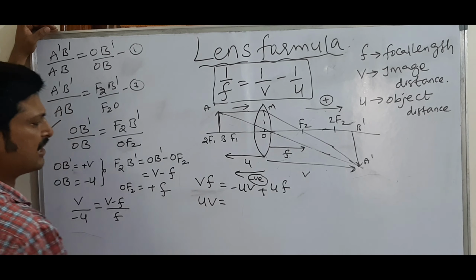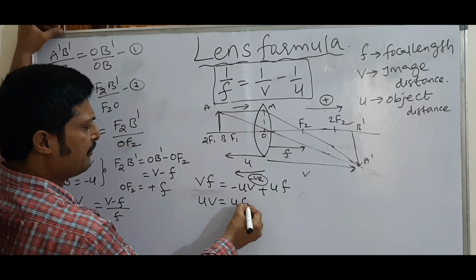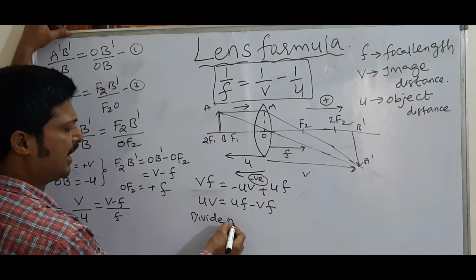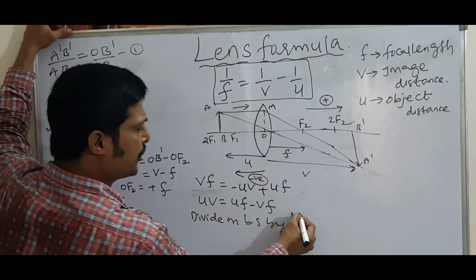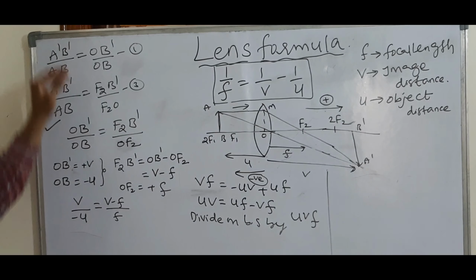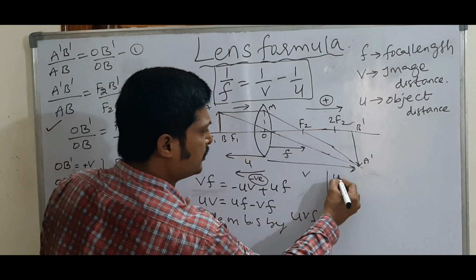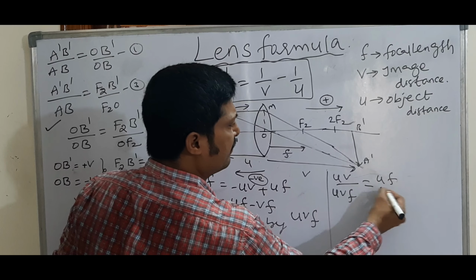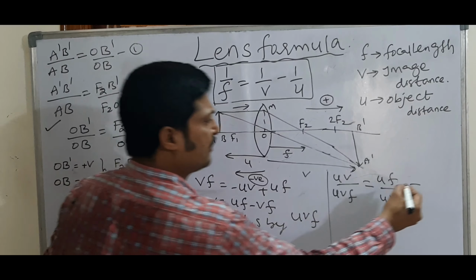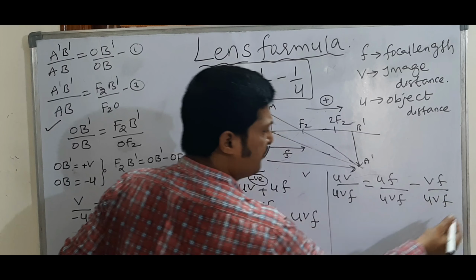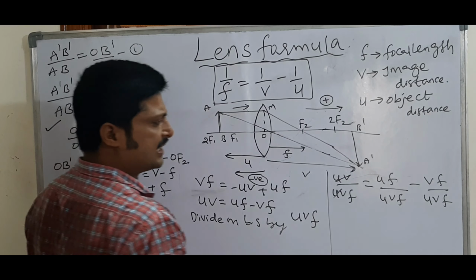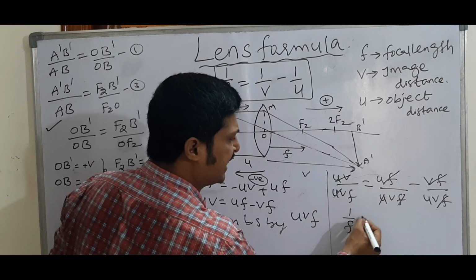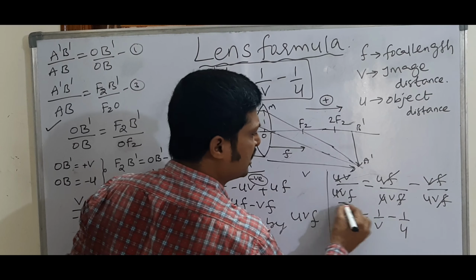So UV is equal to UF minus VF. Divide on both sides by UVF. So UV by UVF is equal to UF by UVF minus VF by UVF. Here UV gets cancelled, UF gets cancelled, VF gets cancelled. The equation is 1 by F equal to 1 by V minus 1 by U.